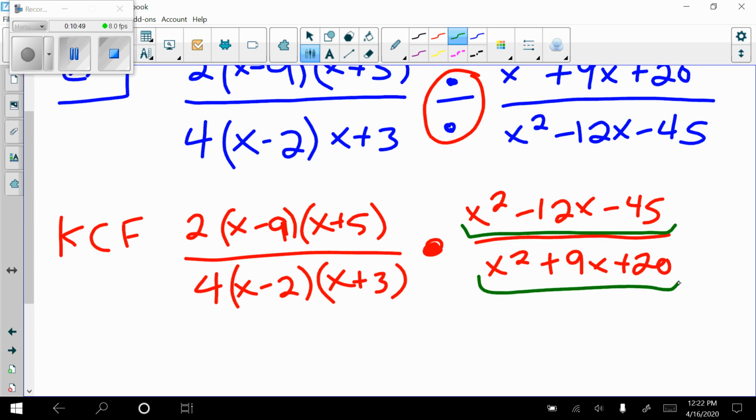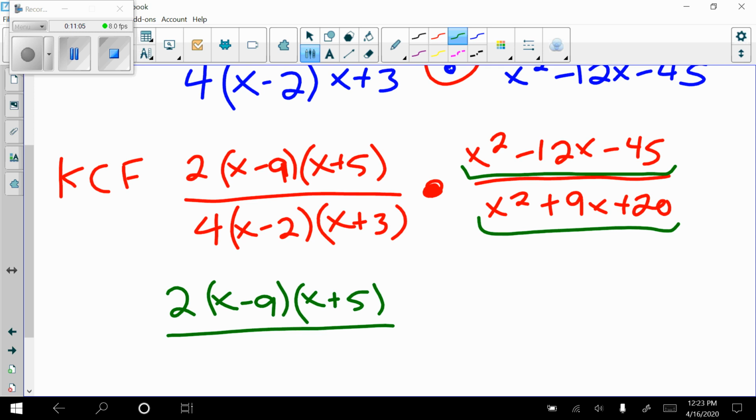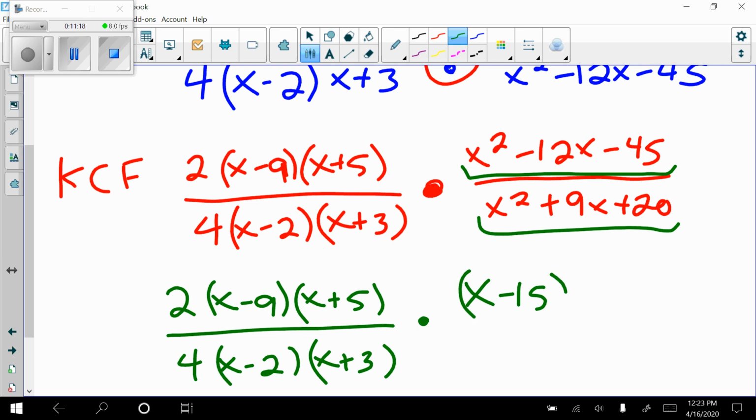So using the cross puzzle, I'm going to keep the first one the same. Factoring the top is going to give me x minus 15 and x plus 3.